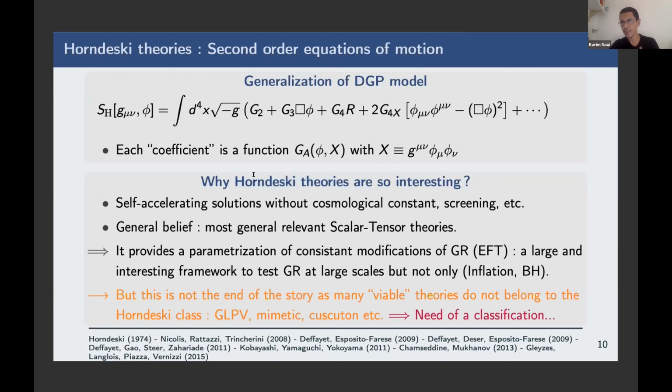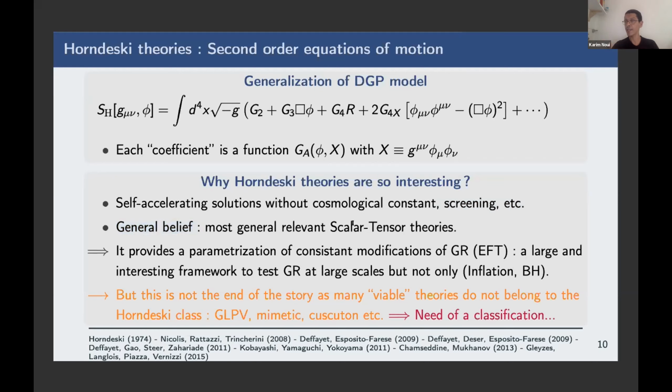So why are these Horndeski theories so interesting? Because they provide models for self-acceleration. So you can have self-accelerating solutions without the need of a cosmological constant. You also have screening mechanisms that come with these theories. So this is the screening that I described very quickly previously. And also at that time, 10 years ago in 2010, there was the belief that these Horndeski theories would provide the most general, relevant scalar tensor theories that we can construct.